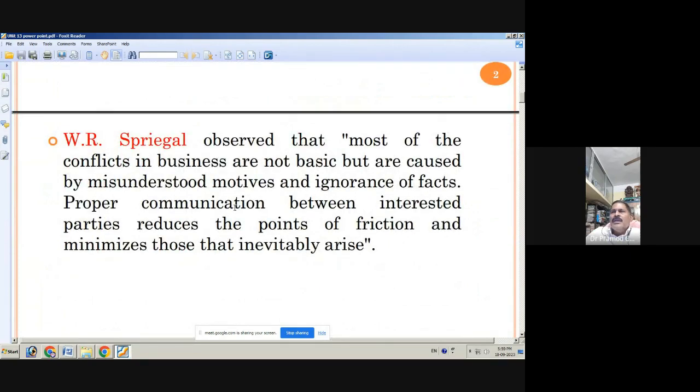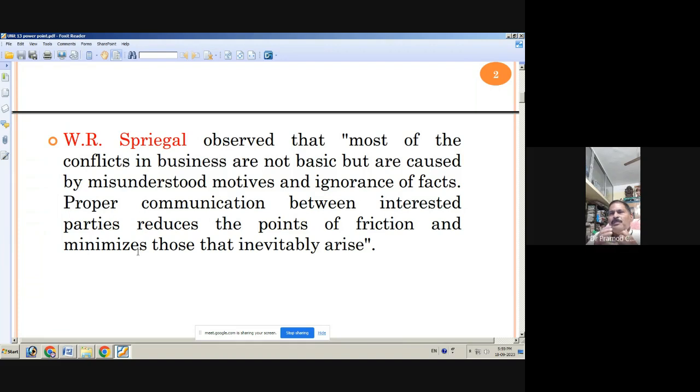But Spriegel observed that most of the conflicts in business are not basic but are caused by misunderstood motives and ignorance of the facts. Most of the conflicts we face in any institution are due to misunderstanding, misunderstood motives or ignorance of facts.